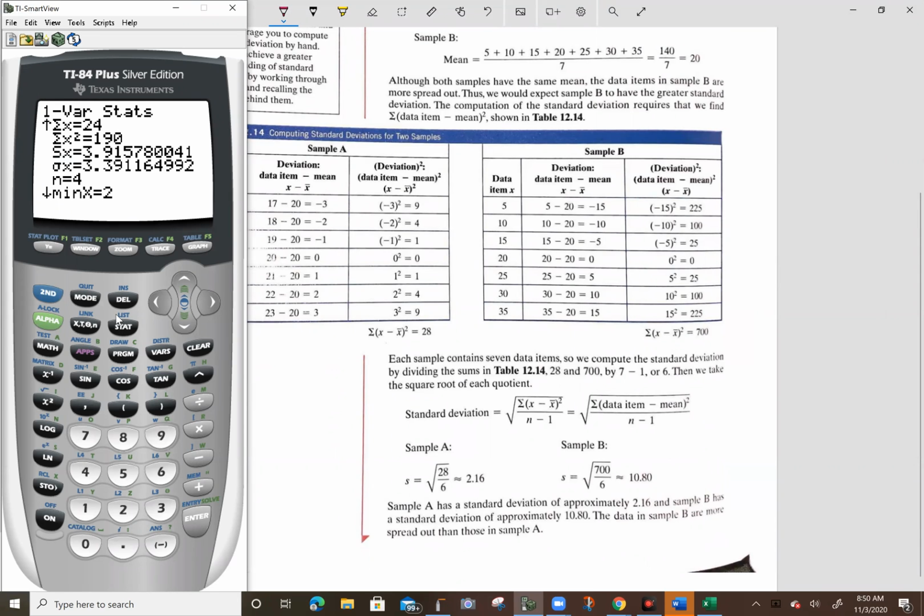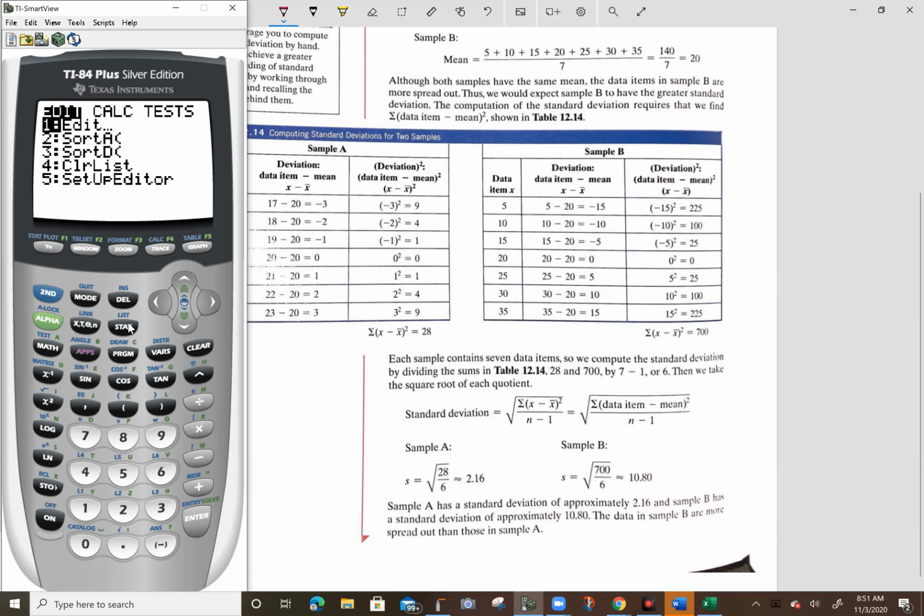So let's do sample B because I can see it at the same time I have my calculator open. So I'm going to do stat, enter, and then you guys can do example A on your own. So I'm going to enter in here the numbers from the table, 5, 10, 15. I was just counting by 5s. 20, 25, 30, 35.